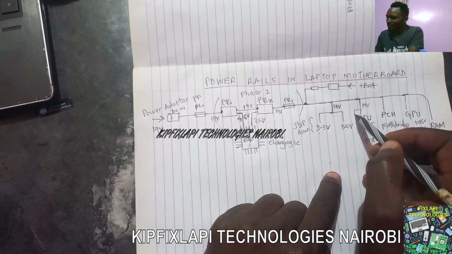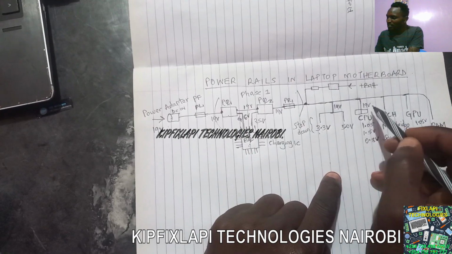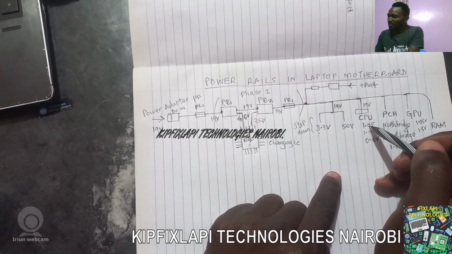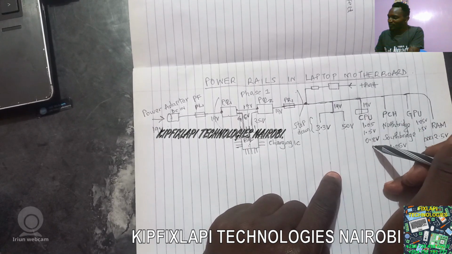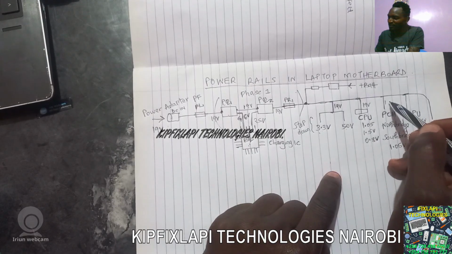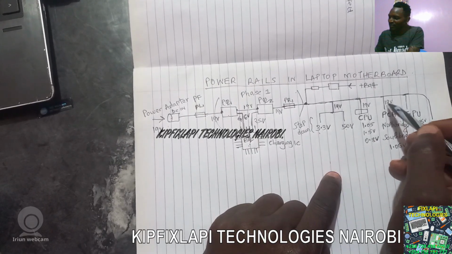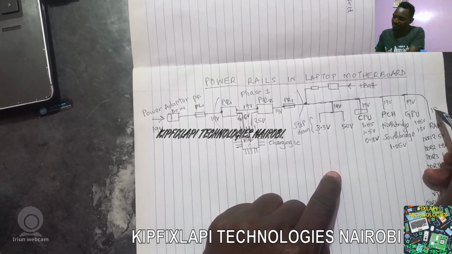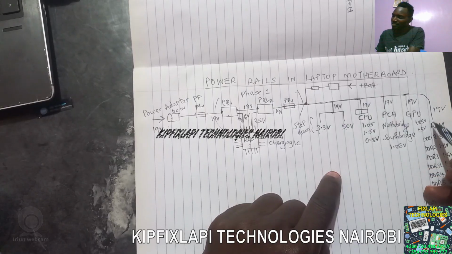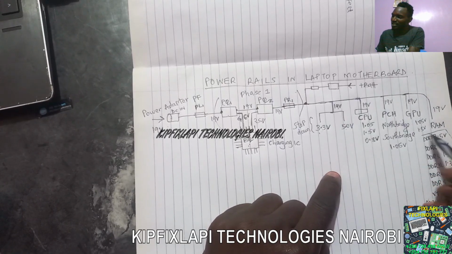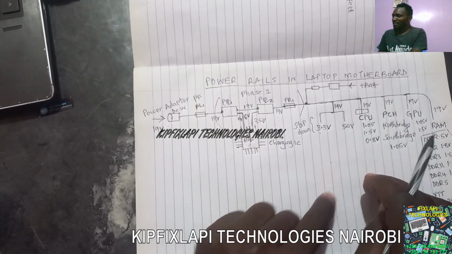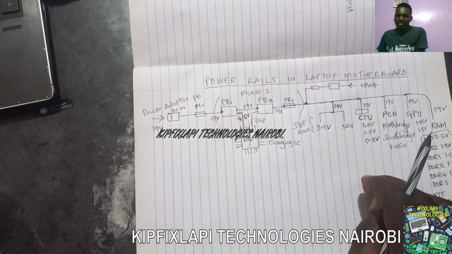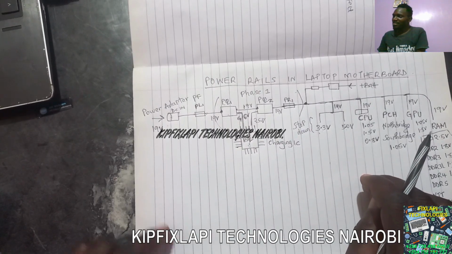Then here we'll be having a circuit which steps down that voltage to the correct amount of voltage required in the CPU. Same case applies to any other circuits. So here we have 19, 19, 19. Then this is stepped down into the respective power required, right? Yes.